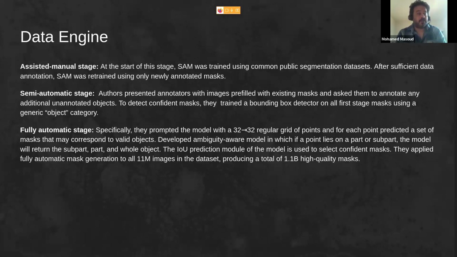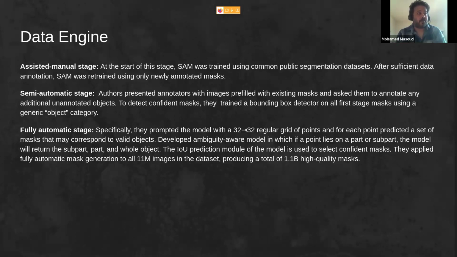Based on this stage, they got another maybe 20% of the whole dataset they create in the end. So the total of both stages, the first and the semi-automatic, was around 300,000 images and their masks. The masks can be more than 1 million here.